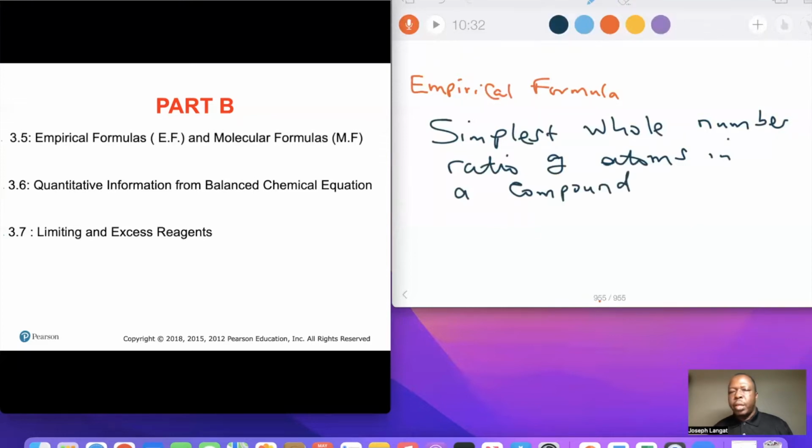Generally, these are the subscript values you see on the chemical formula of a compound. That formula is basically the empirical formula.